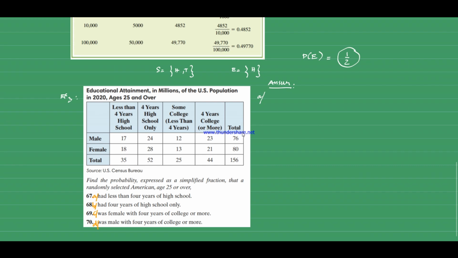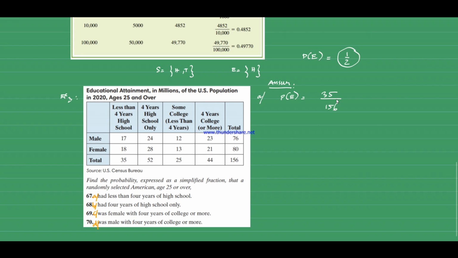Question A: what is the probability of having less than 4-year high school? Let's look at this one right here. Less than 4 years of high school, including male and female, is 35. So the probability in this case will be 35 over the total, which is 156.